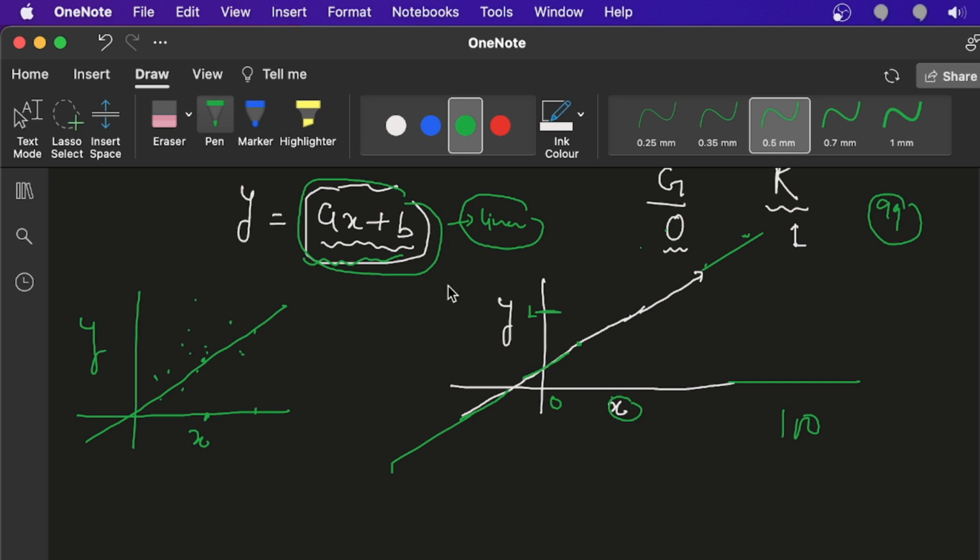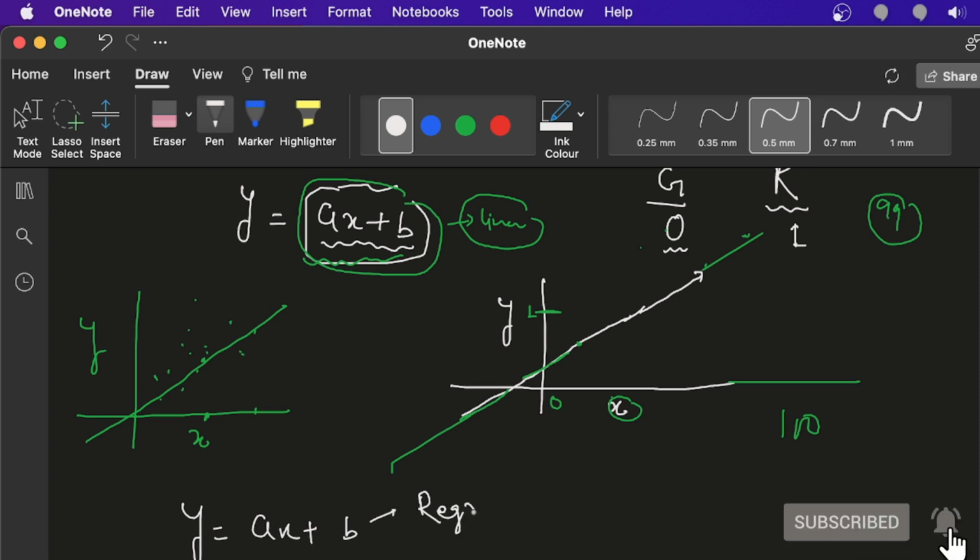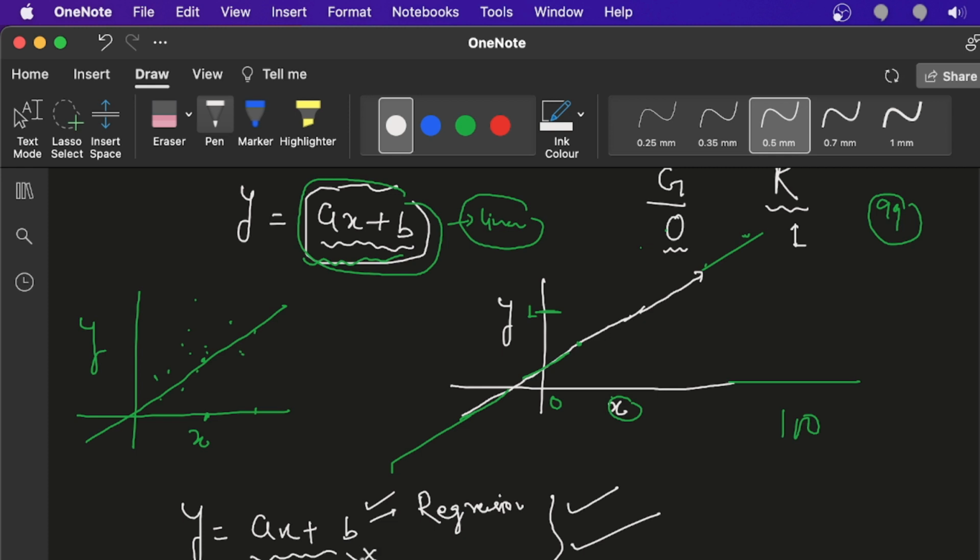So you understand that the equation ax plus b is good for regression, but we cannot use it for classification. Himanshu, Selja and Akanksha, are you able to understand this?